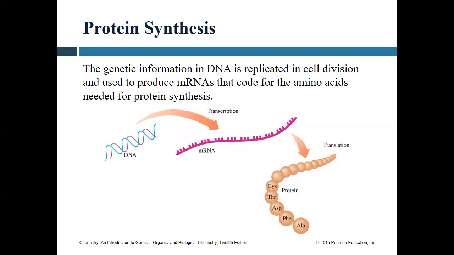Well, that's intentional. And the reason why that's intentional is because when we go from the transcription to create that messenger RNA to the translation phase, this 3 base sequence is going to translate to a particular amino acid.